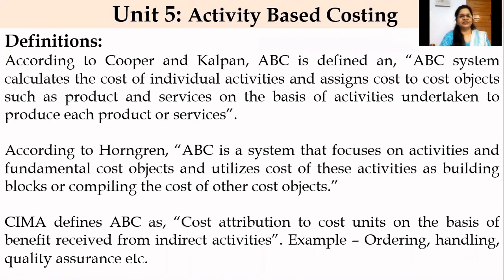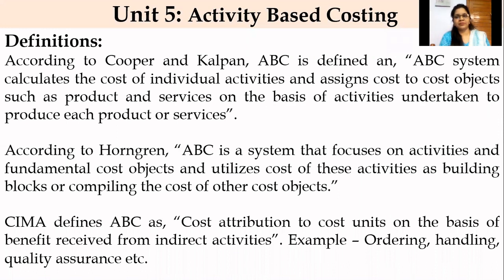Let's see the definitions now. According to Cooper and Kaplan, ABC is defined as: ABC system calculates the cost of individual activities and assigns cost to cost objects such as product or services on the basis of activities undertaken to produce each product or service.